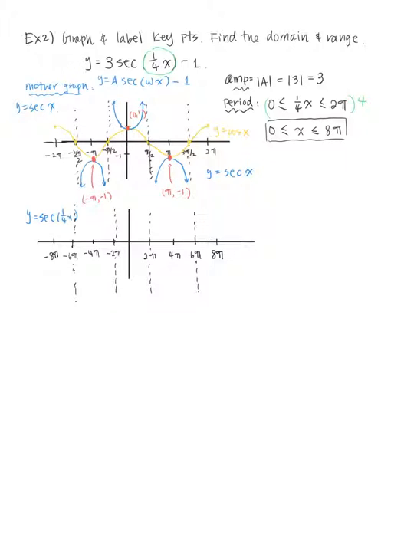Oops, sorry. So this was 1, and this was -1. So I'm just going to now draw the secant graph. So here, okay, now key points.